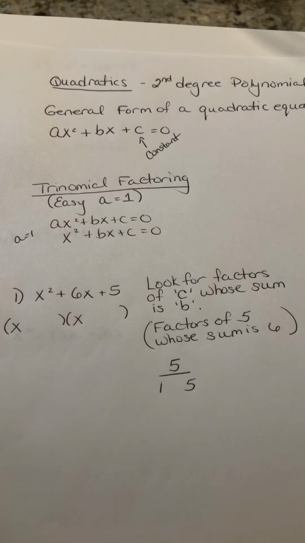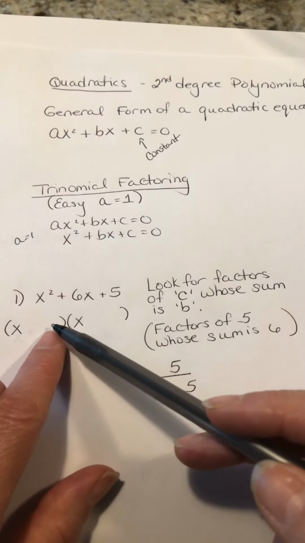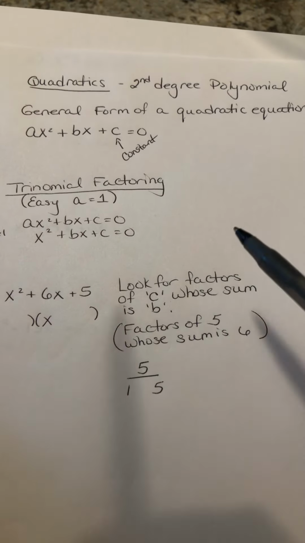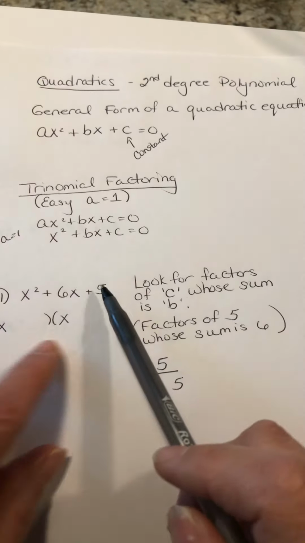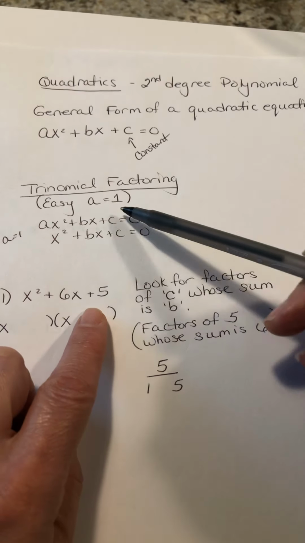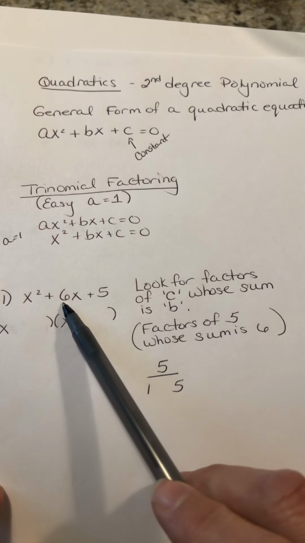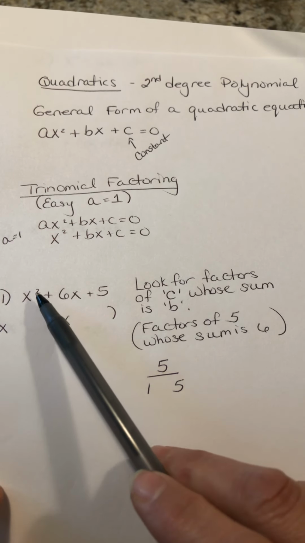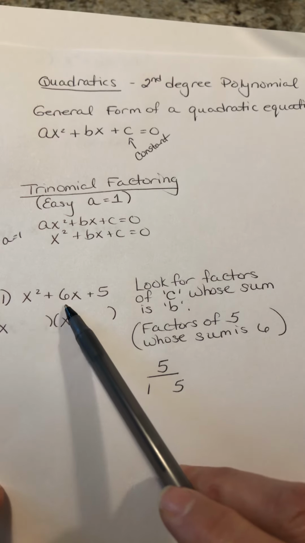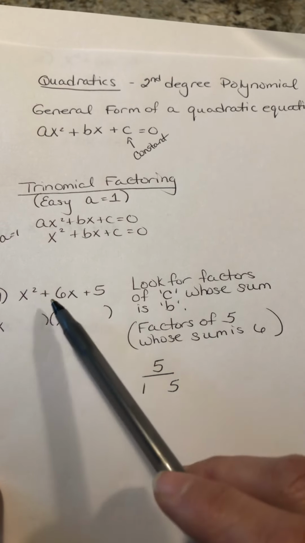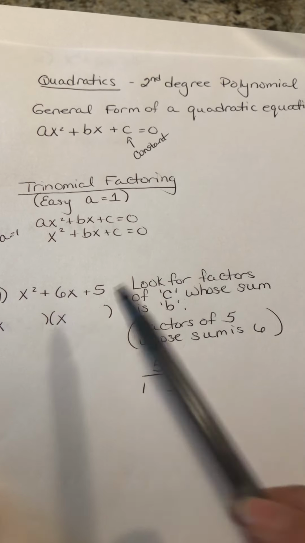Now to see what to do with the other number, this is our process here. We are going to look for factors of c, which is our constant, whose sum is b, which is the coefficient of our middle term, including the sign. In this case, we are looking for factors of 5 that add up to a positive 6.